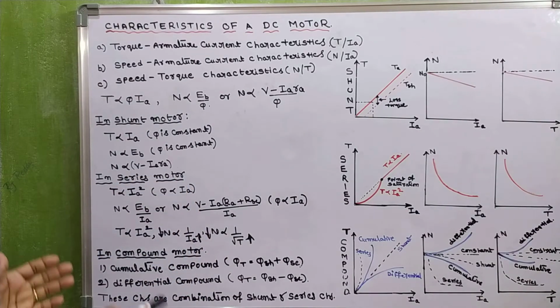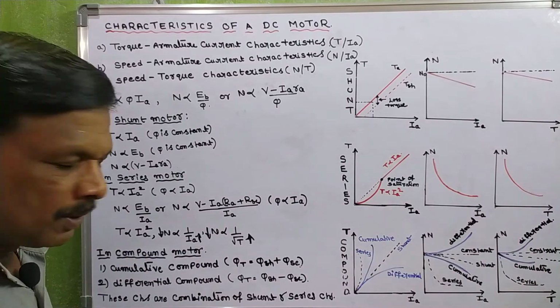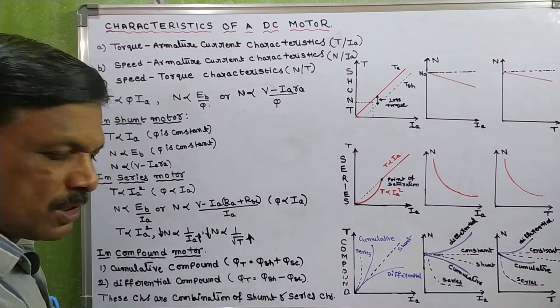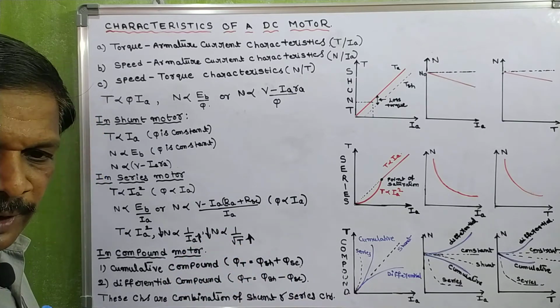Okay, coming to compound motor. Compound motors are of two types. The first one is the cumulative compound motor, and the second one is the differential compound motor. In cumulative compound motor, the total flux is equal to shunt field flux plus series field flux.